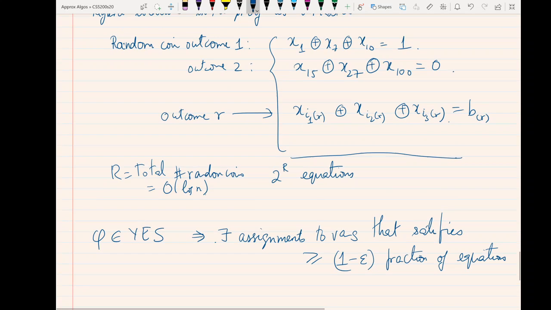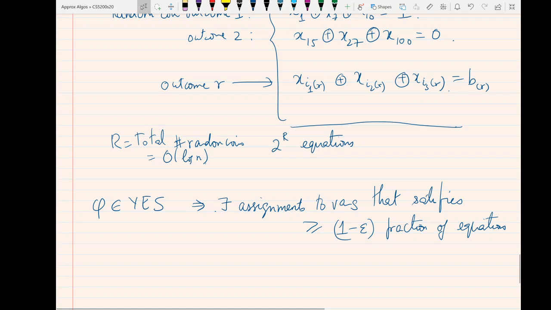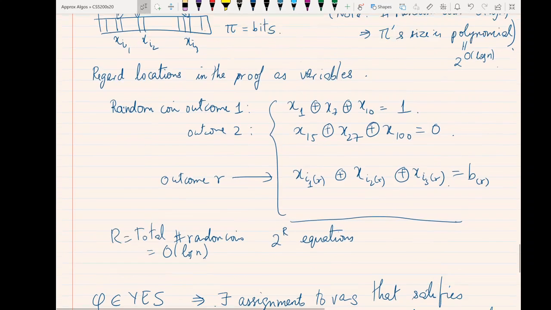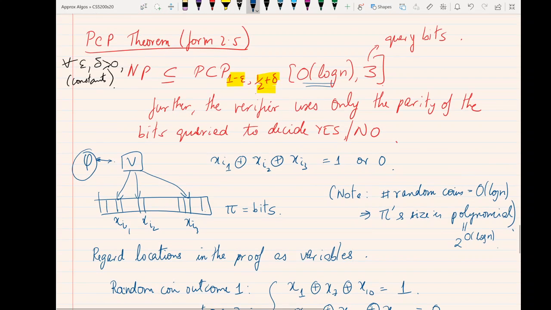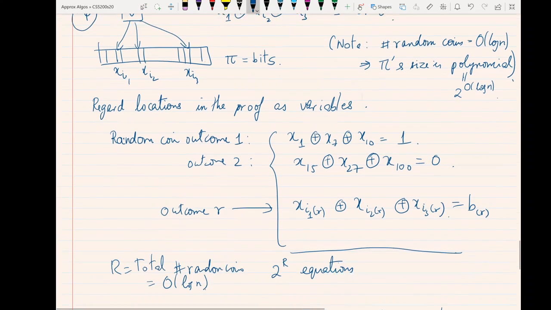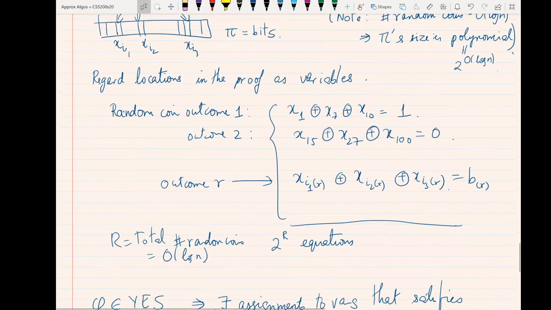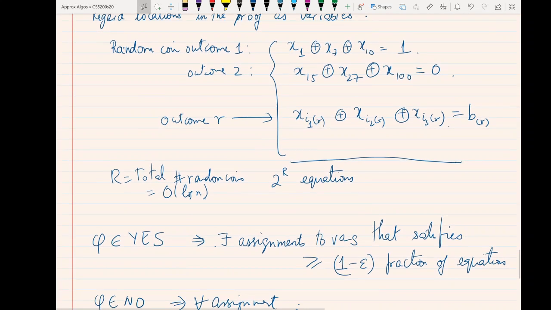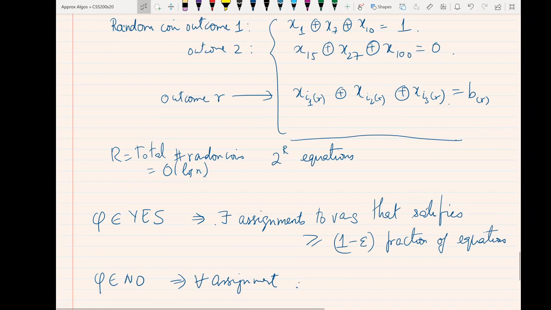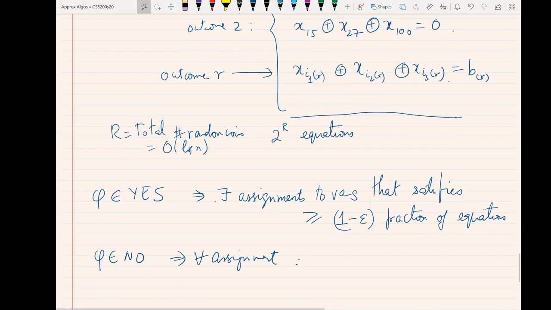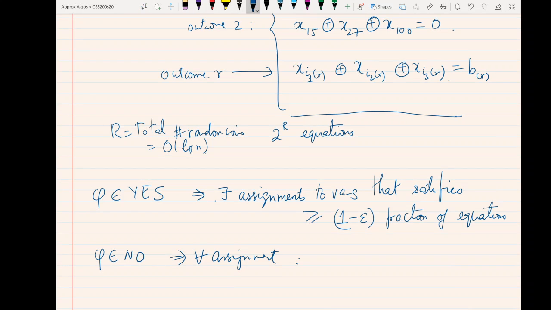And if you have phi in no, it implies that for any assignment, at most half plus delta fraction of these equations are going to be satisfied, because the verifier accepts with probability at most half plus delta for all assignments.